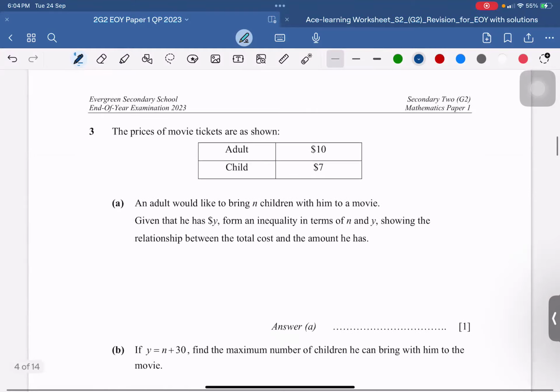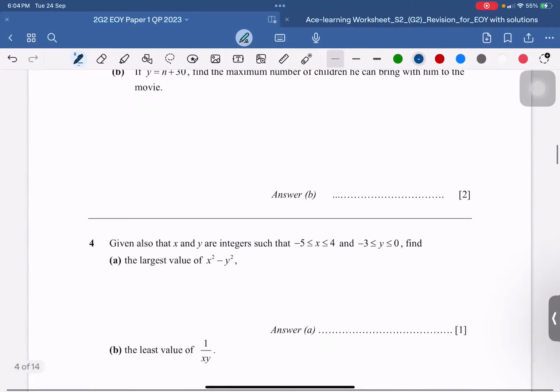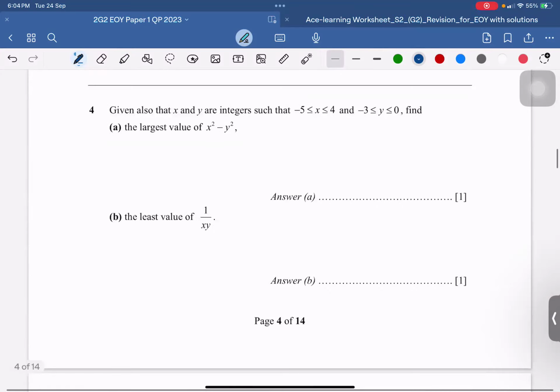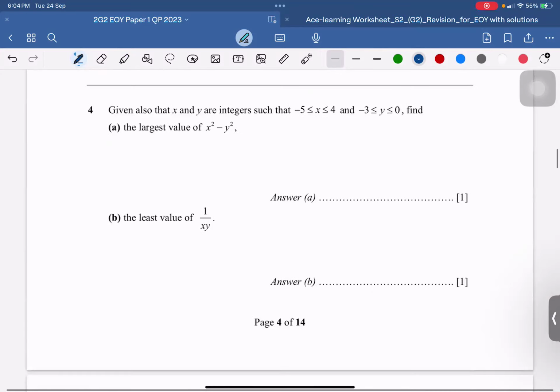Next one. This one is inequality, maybe you try. But I think this one is more important, so we go through this question first. Find the largest value of x squared minus y squared and the least value of 1 over x minus y. First, x has negative numbers: -5, -4, -3, -2, -1, 0, 1, 2, 3, 4.